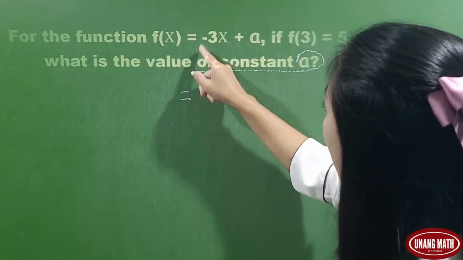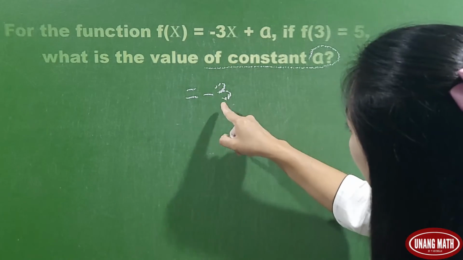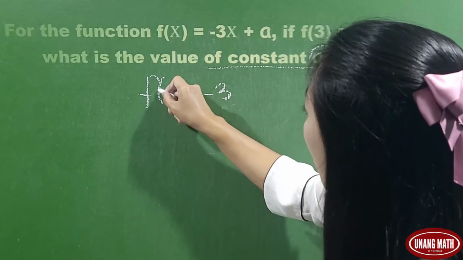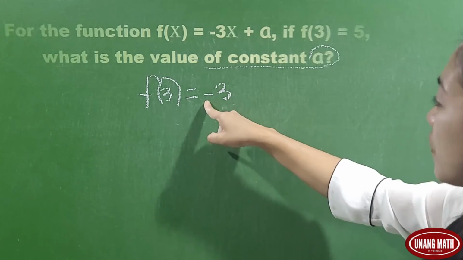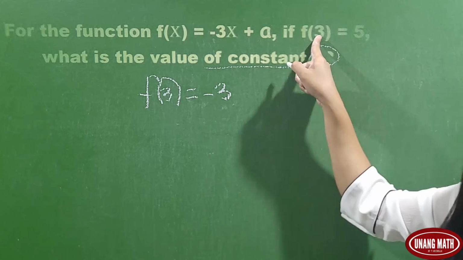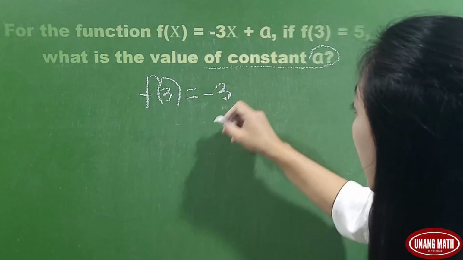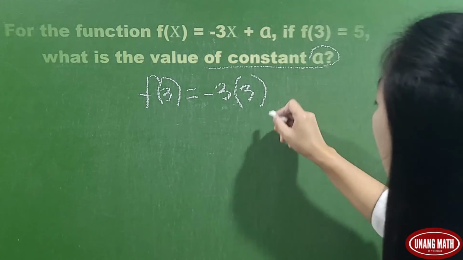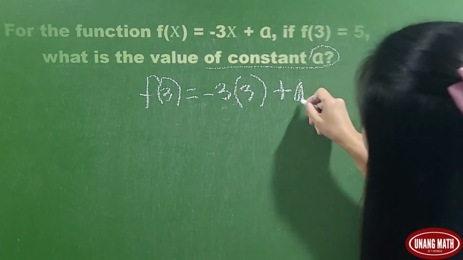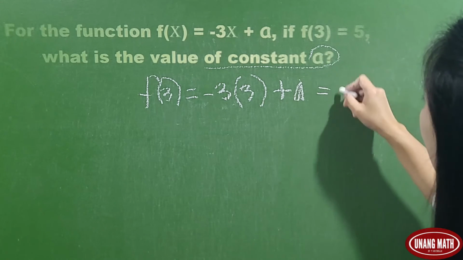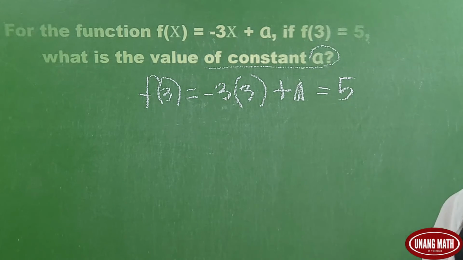So f of 3 is equal to negative 3, and then the value of x, which is 3. So times 3, okay, plus a. And this is equal to 5.